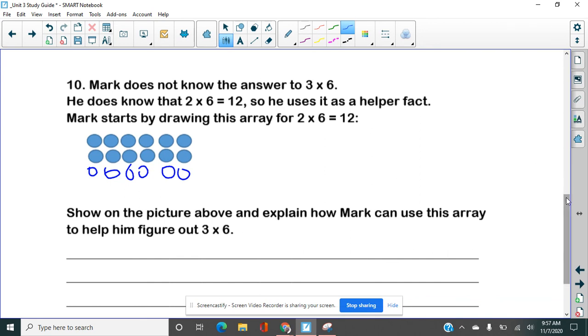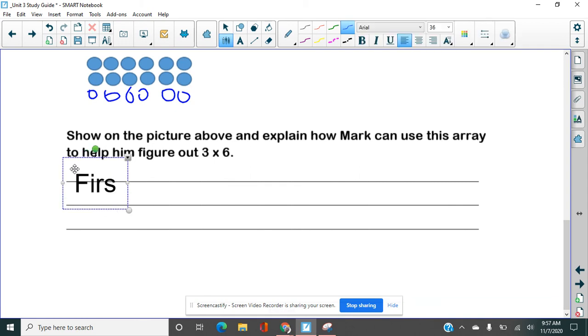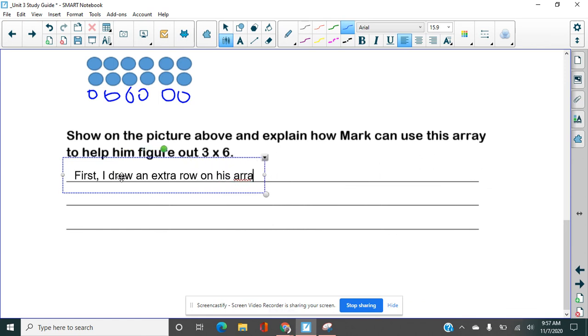So let's explain what we did, right? We have to explain what we did in math, and we often use sequence words, right? So first, way too big. First, I drew an extra row on his array to add another group, right?